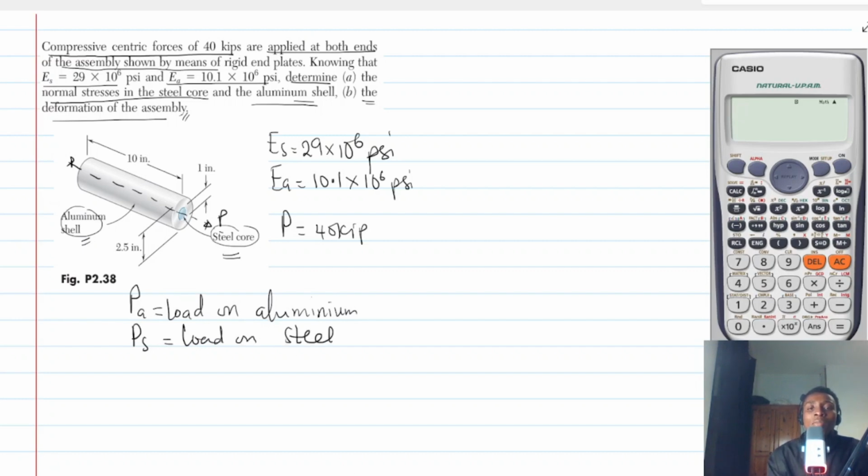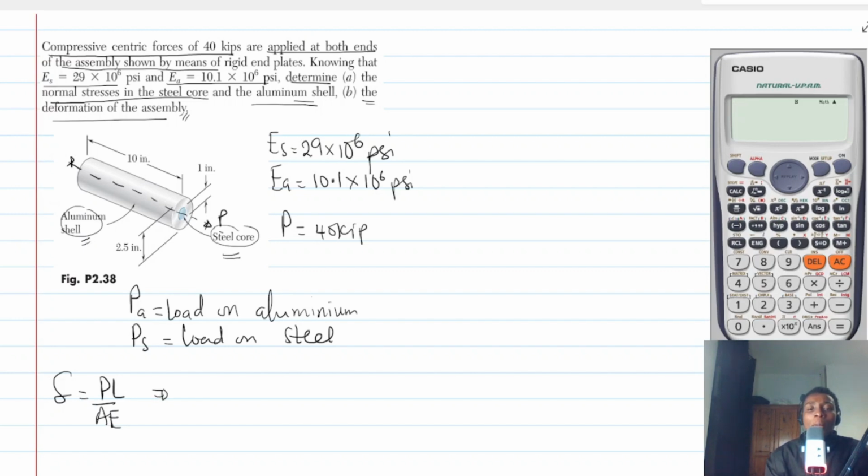Now, having done this, in terms of deformation, what do we know? We know that deformation is PL over AE.